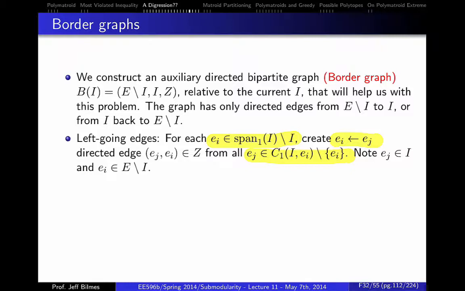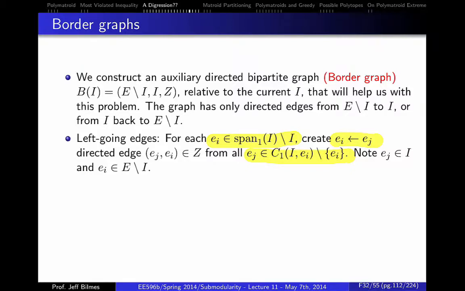So in other words, these left-going edges are saying that on the right-hand side we've got elements which, when we add them to the independent set, create a circuit, but when we move left on the graph, it's telling us the thing that can be added. Interestingly, the right-hand side gives us the things that can be removed from the fundamental circuit that's created by adding the thing that it is pointing to.